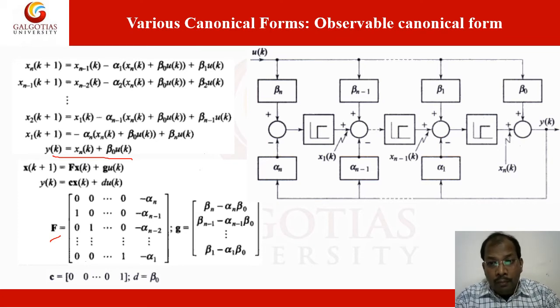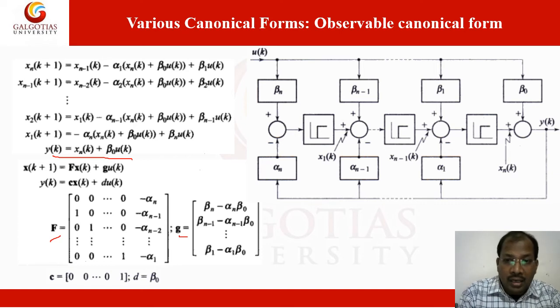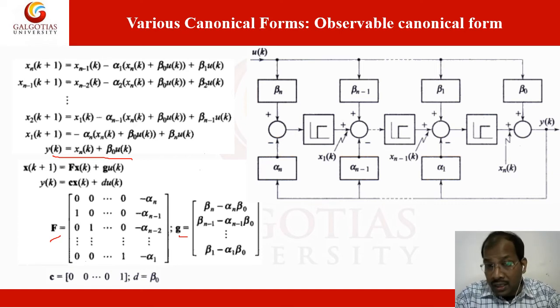In observable form, the system matrix can be taken from the controllable form, only we have to consider the transpose. This is called the Duality theorem. So the G matrix is the C matrix in the controllable form, and C becomes the B matrix, and D is the same. So here we are given the input. The observable form state equation is the dual of the controllable form.